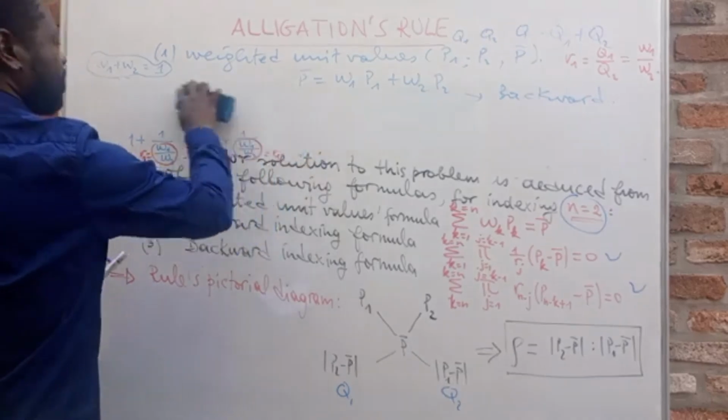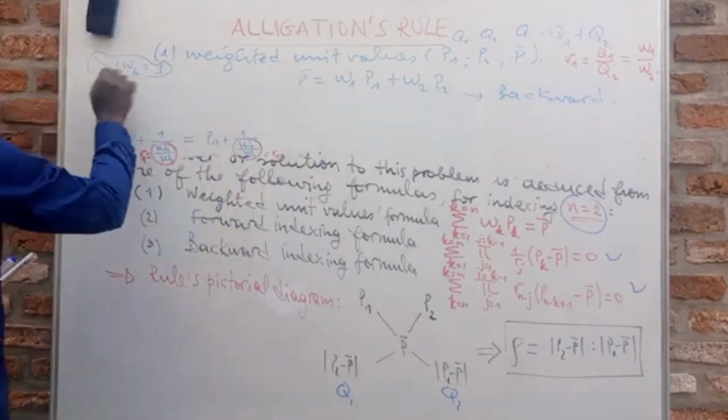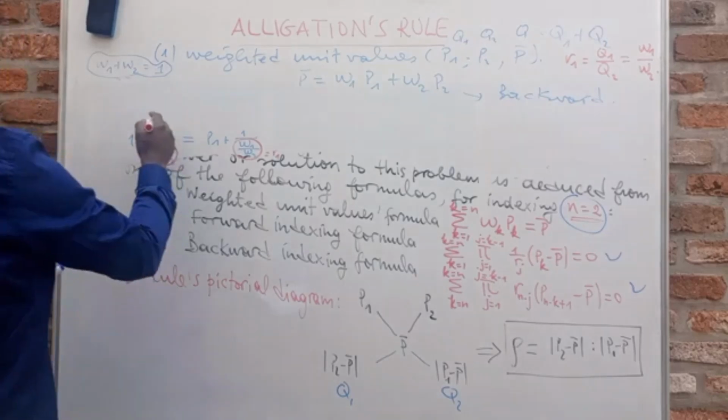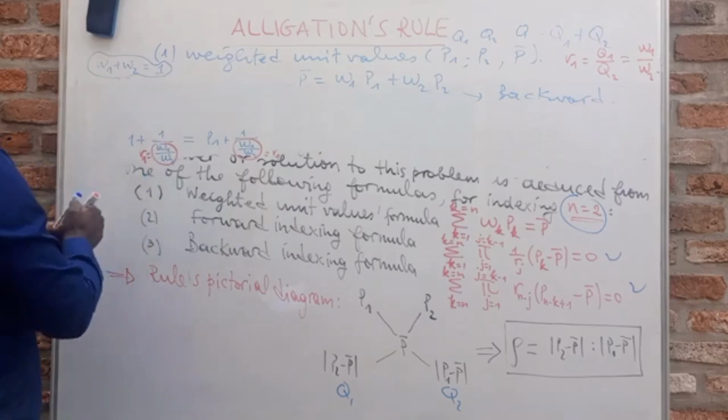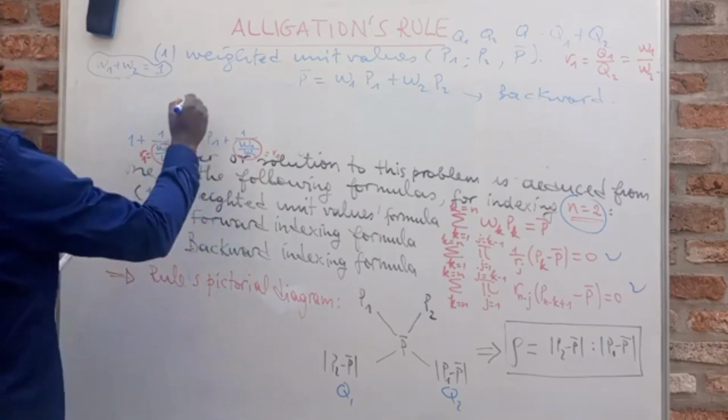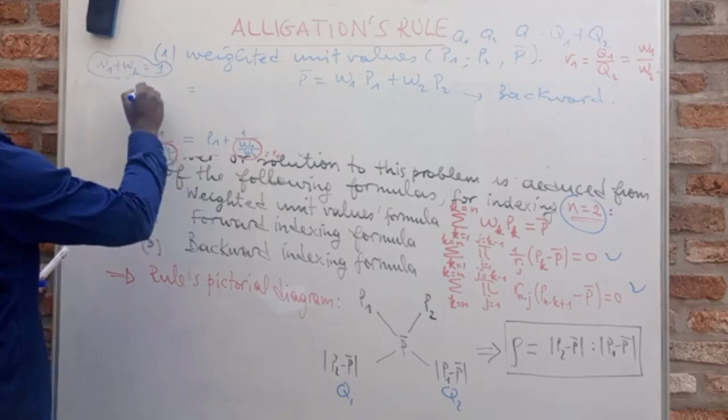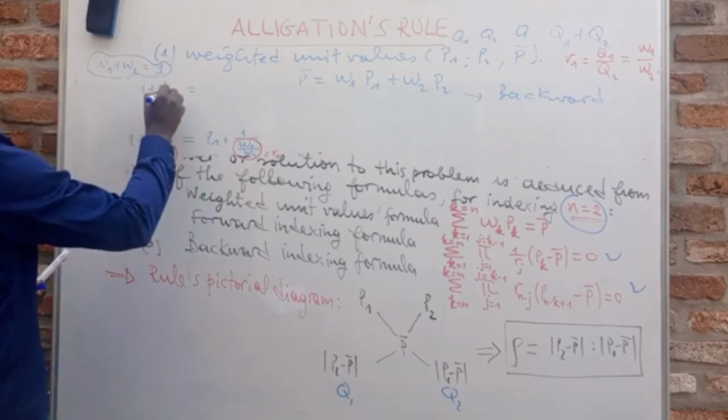We suppose that we don't know the first weight and the second, and this is going to be equal to 1 plus 1 over R sub 1.